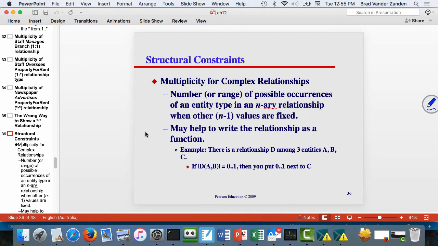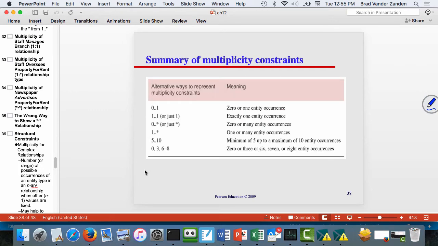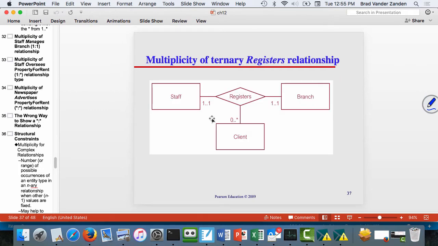Okay, so then we move on to the multiplicity for complex relationships. And there we have something that looks like a ternary. We call a complex relationship something that involves more than 2 entities.